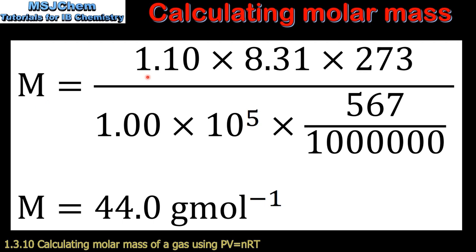The mass of the gas is 1.10 grams, the universal gas constant is 8.31 joules per Kelvin mole, the temperature in Kelvin at STP is 273. The pressure of a gas at STP is 1.00 times 10 to the 5 pascals. And to convert from centimeters cubed to meters cubed, we divide the value in centimeters cubed by 1 million. This gives us a molar mass of 44.0 grams per mole.